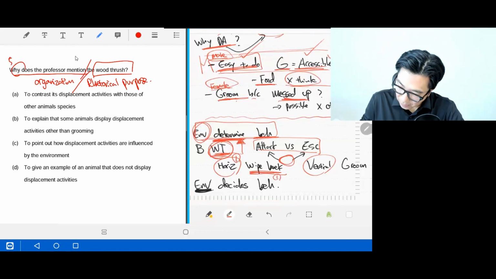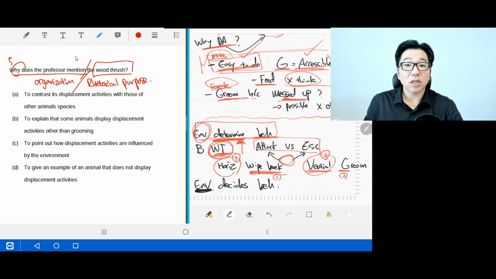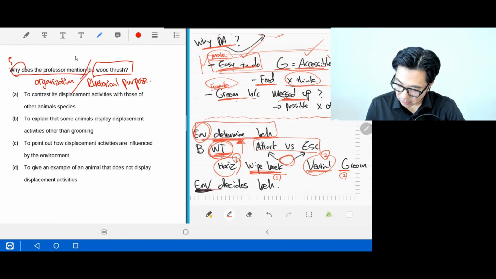All right, but when she or he is in a different environment, the animal does a completely different displacement activity from the first environment. So wood thrush is used as an example to justify professor's opinion, professor's statement, which said environment decides animals' behavior.